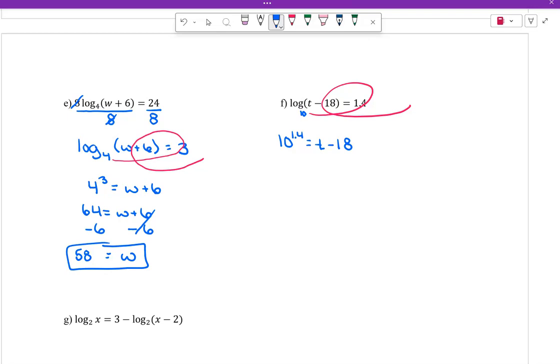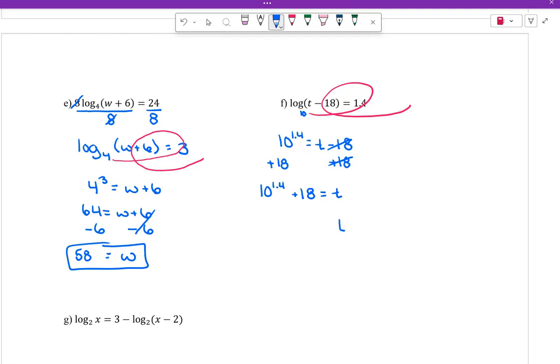You're more than welcome to go figure out what that is. I'm just going to wait. So I'm going to go ahead and add my 18. So we get 10 to the 1.4 plus 18 equals t.